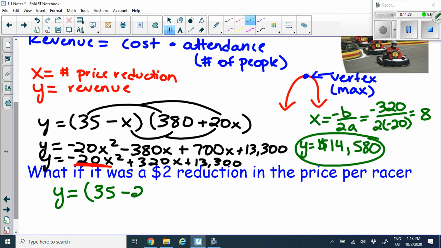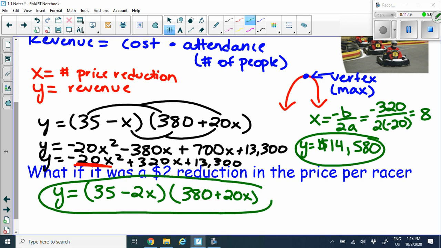That means we're going to have a minus 2x. And then for the attendance, it's going to be basically the same here. So we're going to have that 380 because that's our initial, and then we're going to have our plus 20x since we are adding racers. And that's all we're going to do for that one.